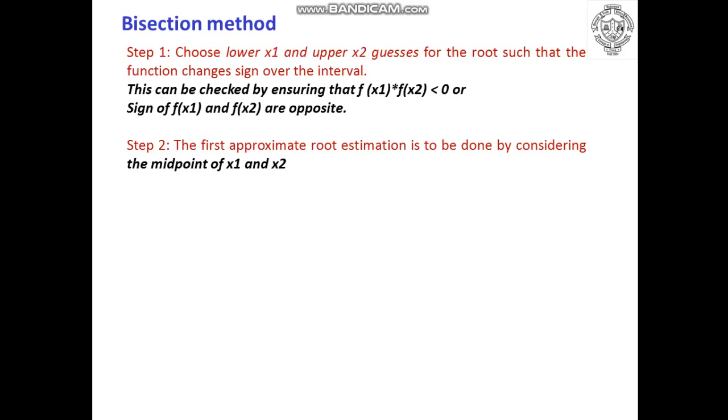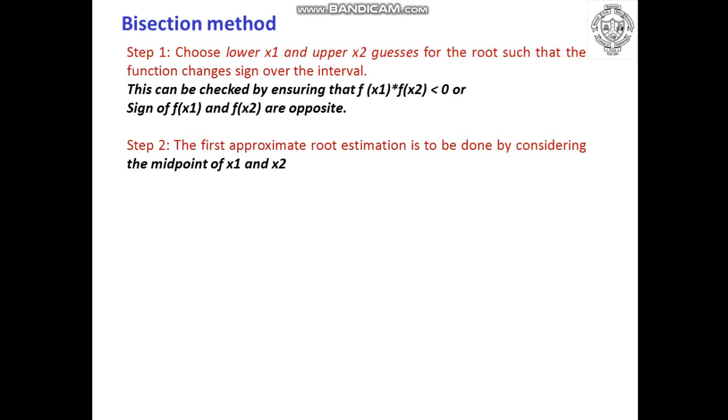Now how to check this? You can take the multiplication of f(x1) and f(x2). If it is less than 0, then you can say your initial guesses are correct. Or if you observe the signs of f(x1) and f(x2), and if they are opposite, then also you can say your initial guesses are correct.